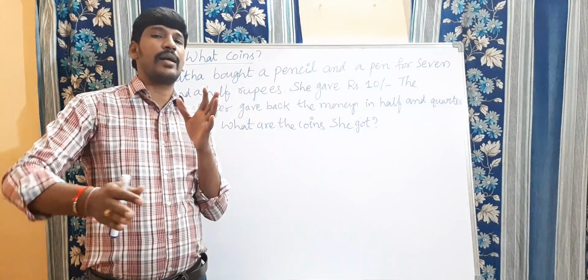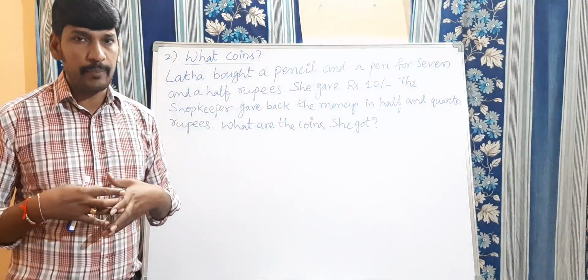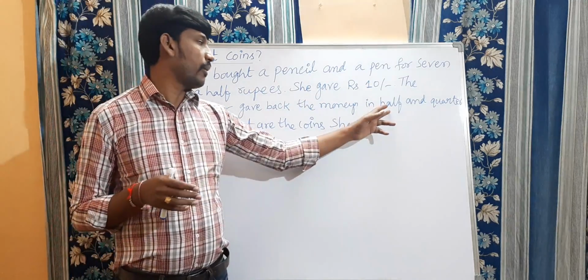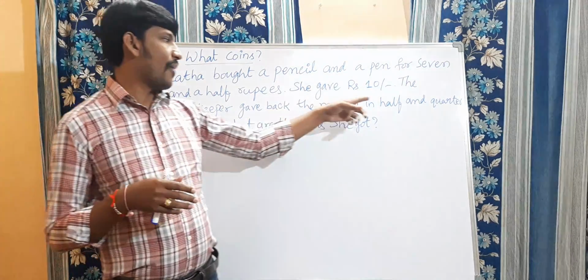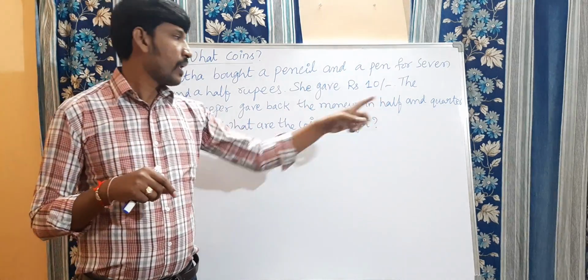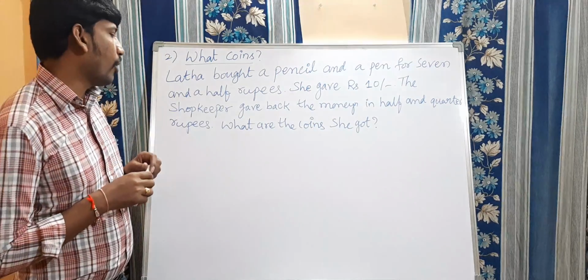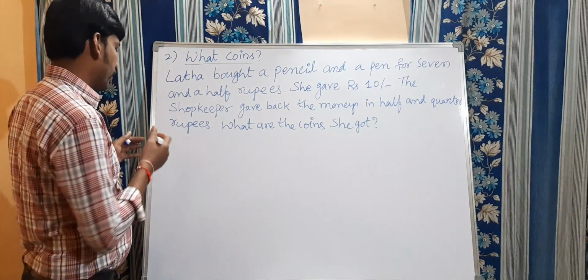When we subtract 7.5 rupees from 10 rupees, how much will we get back? All of that amount is in 50 paise coins as well as 25 paise coins. Keep in mind, we are going to find out what coins she got.